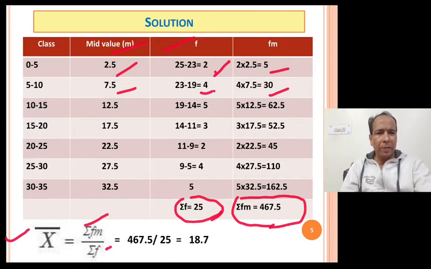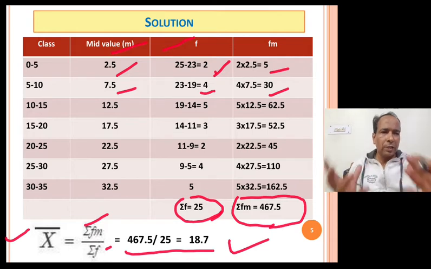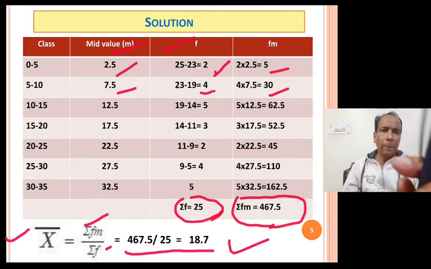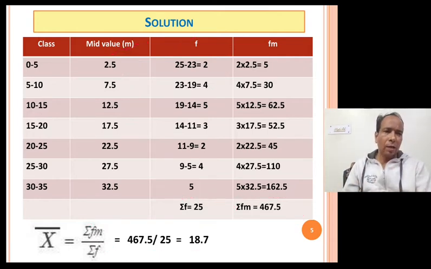Now we put these two values in the formula, sigma Fm upon sigma F. Sigma Fm is the total value 467.5 upon sigma F, 25. So we get here 18.7. This is how we apply the direct formula and calculate the arithmetic mean.